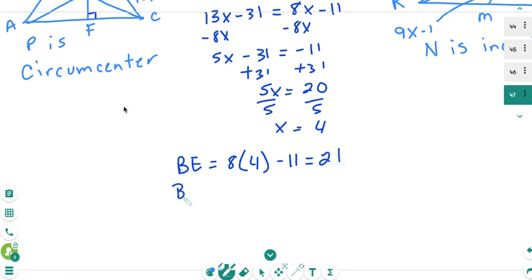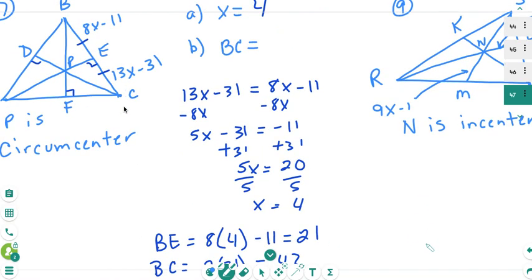And then BC is going to be 2 times 21, which is going to give us 42. So BC is 42.